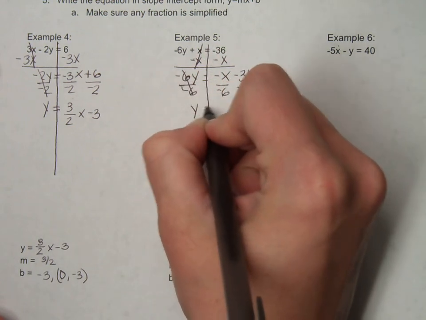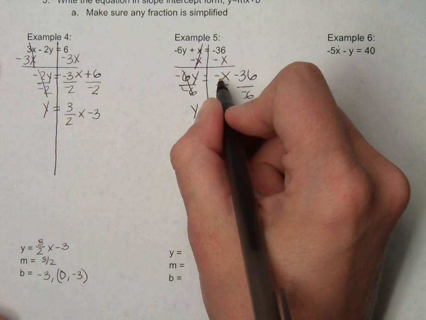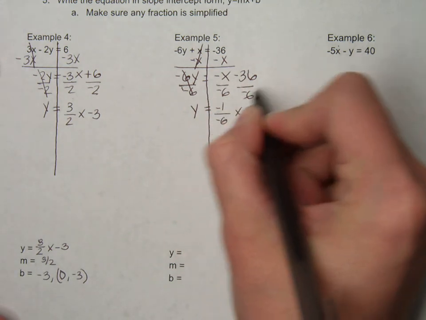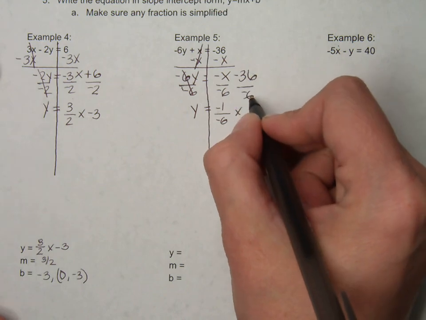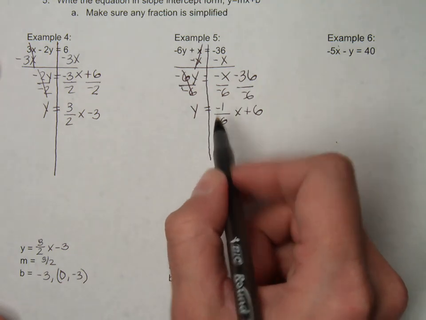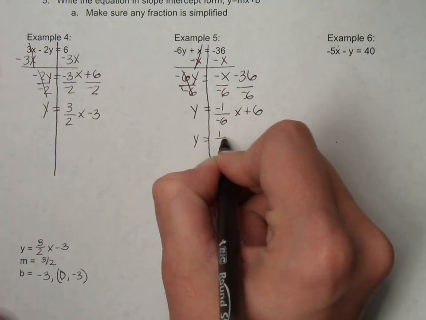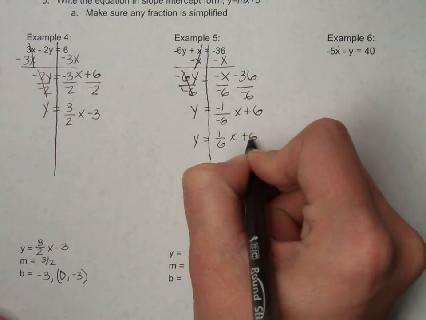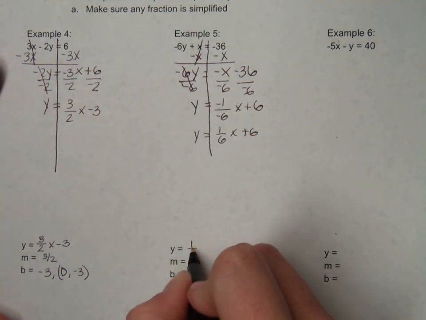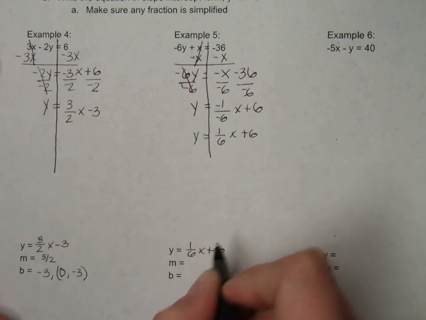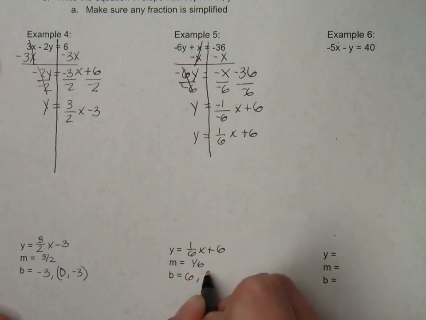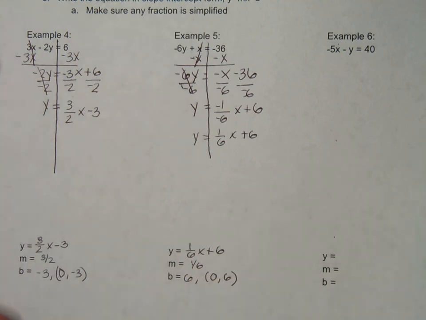I have y equals, and this is just like having a negative 1x, so negative 1 over negative 6x, and negative 36 divided by negative 6 is positive 6. But we need to make sure we simplify this fraction. So I have y equals 1/6 x plus 6. Your slope is 1/6. Your y-intercept is 6, which can be written as (0, 6).